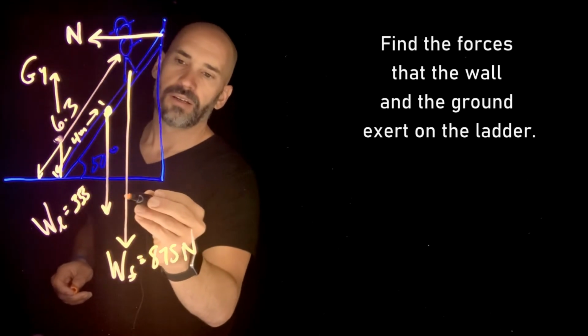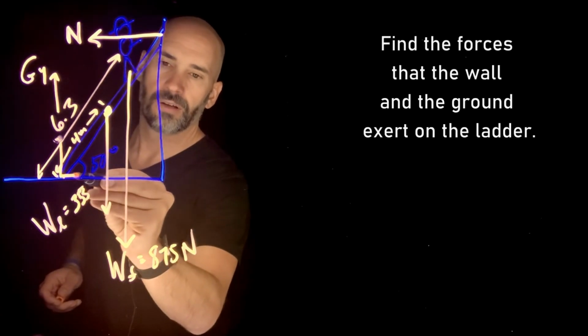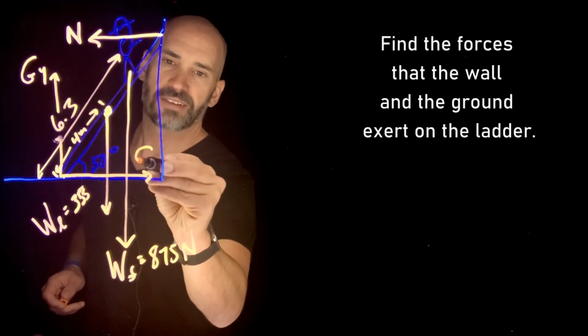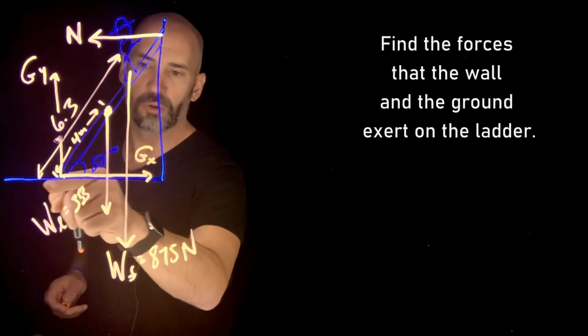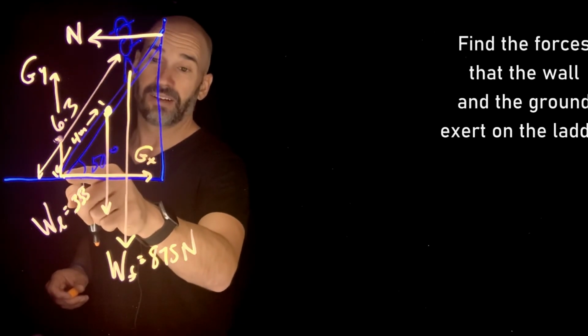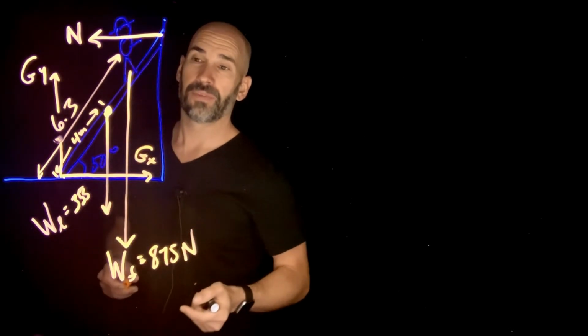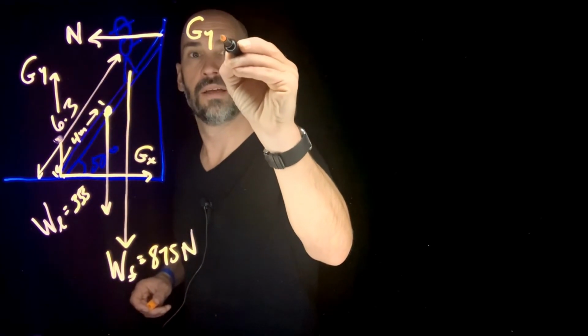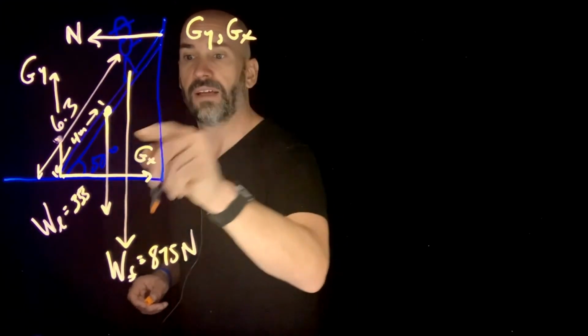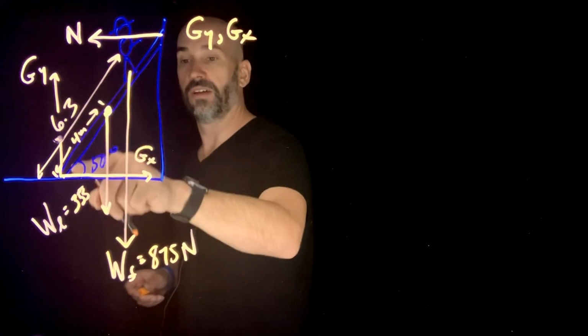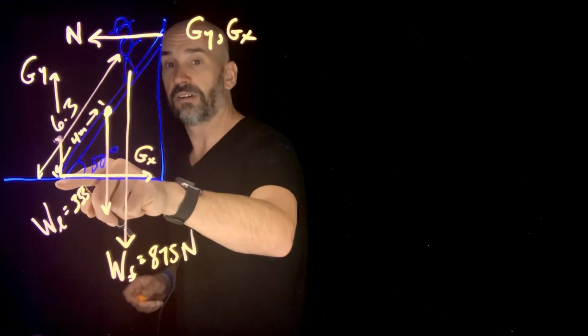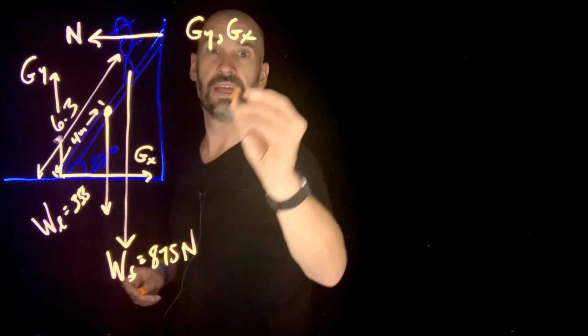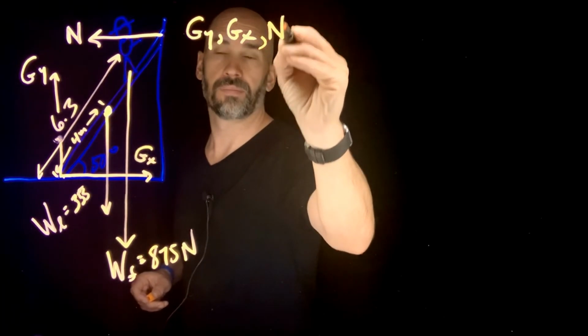And I'm going to call this here ground X, which is basically the frictional force that the ground applies on the ladder so that the ladder doesn't slide out. So really in this problem, we're trying to find GY and GX, the components of the force that the ground applies on this ladder in the Y direction and in the X direction, and we want to find N.